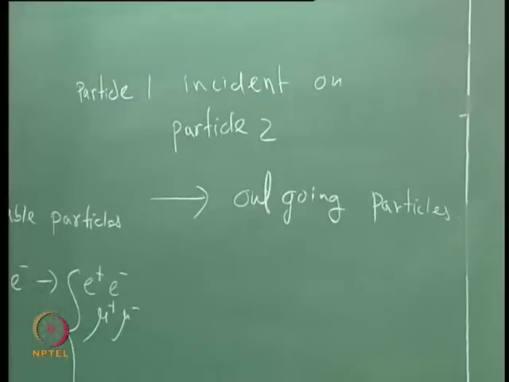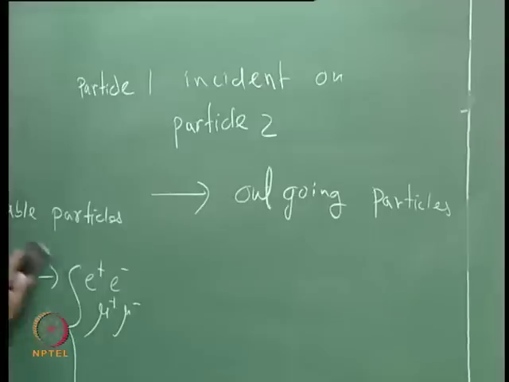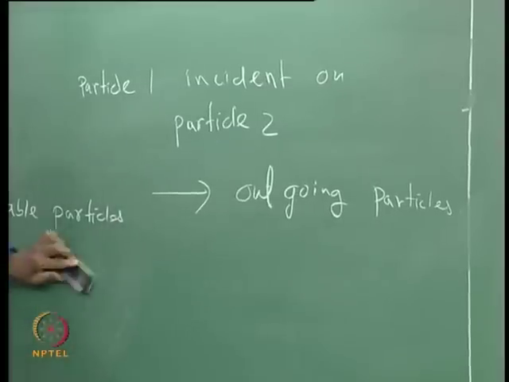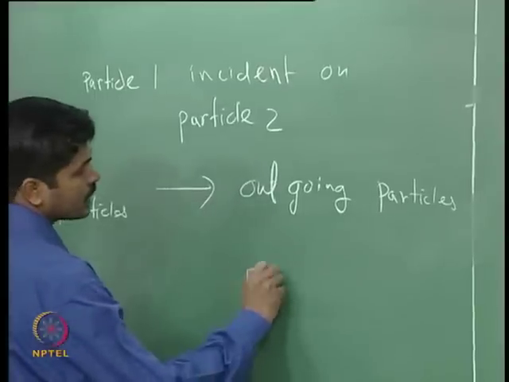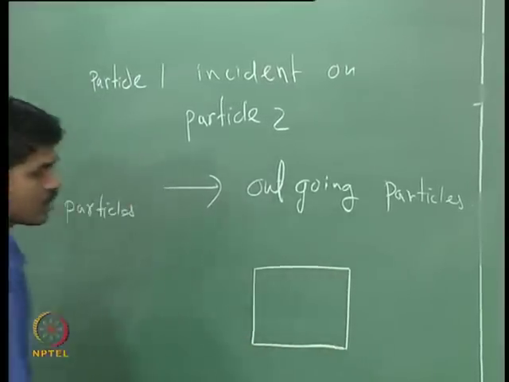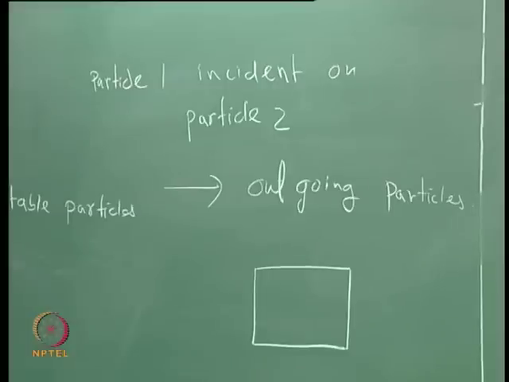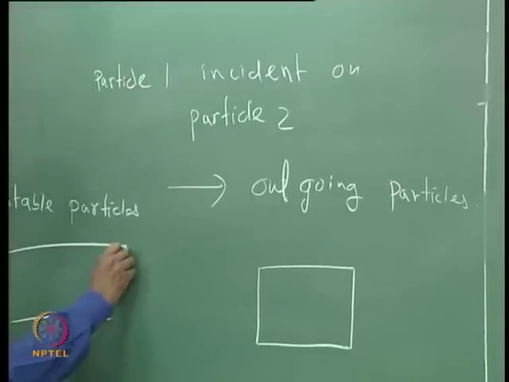So, what exactly do I mean by cross section? You consider, let us say, a target here, which I will call particle 2, and then you have a beam of particle 1.